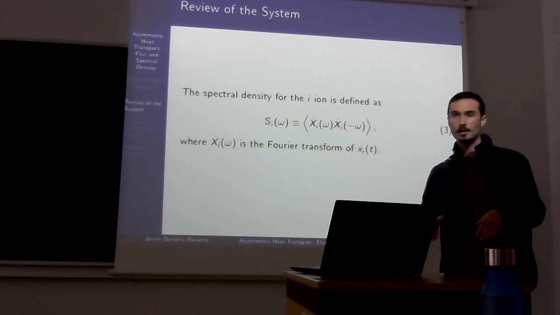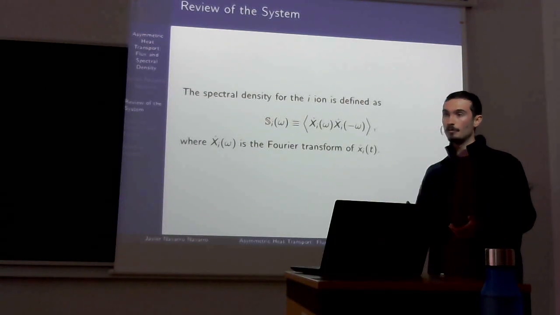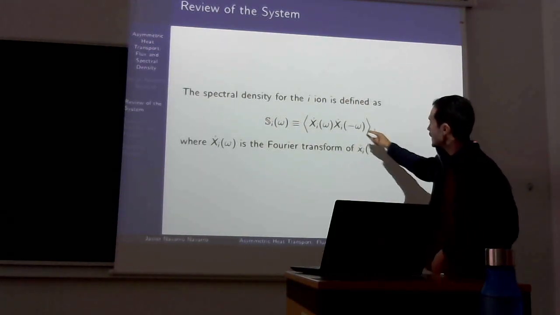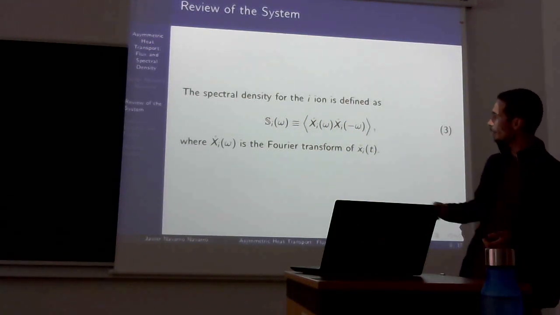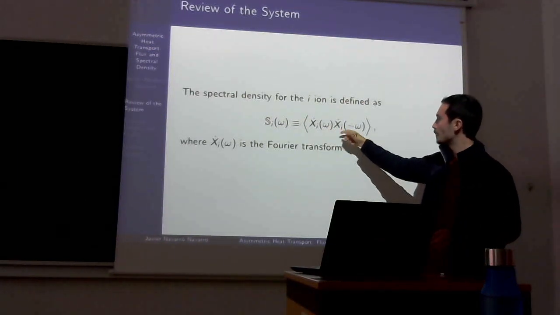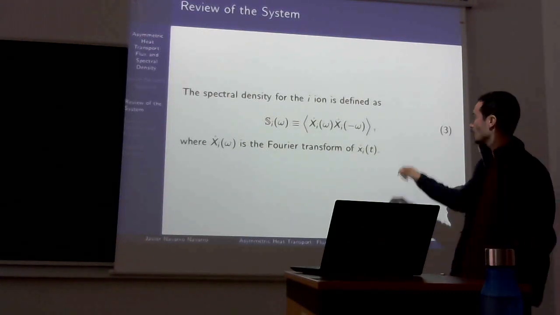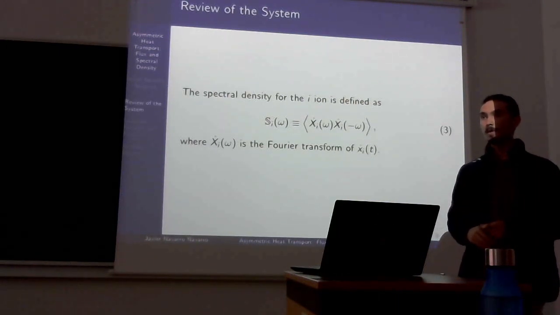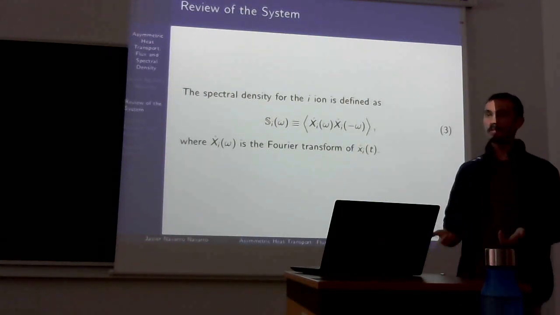Since we are using baths, they include random forces in the dynamics, so that the velocities and the positions are random variables, and these angle brackets mean average. We define the spectral density for the i-th ion as the average of the Fourier transform of the velocity of the i-th ion multiplied by its complex conjugate, averaged over these random variables, because the baths have random forces.